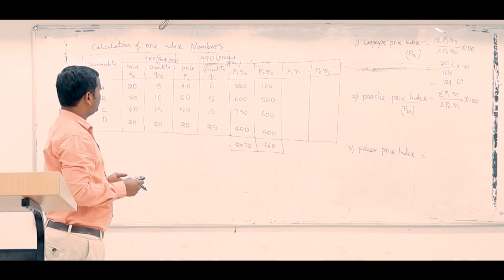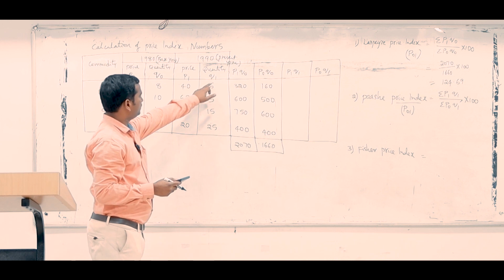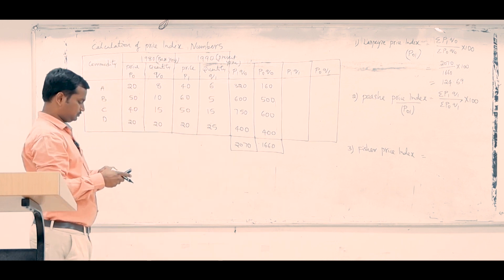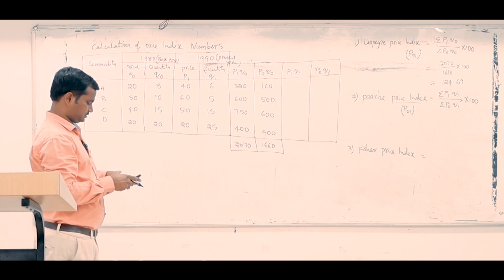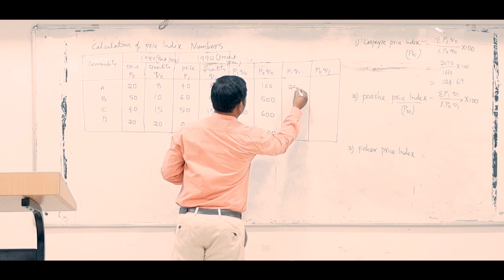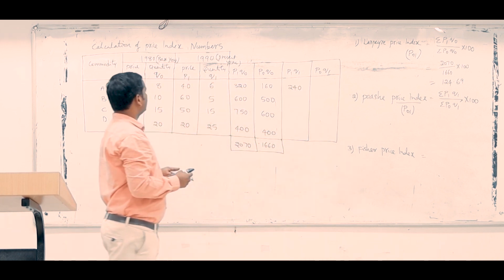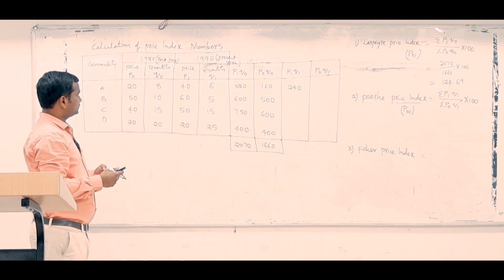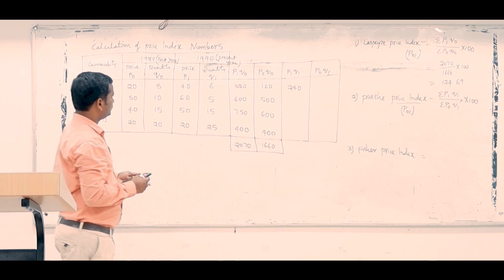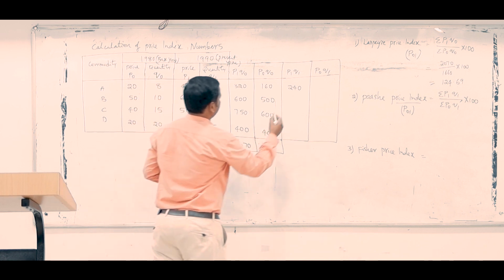So P1 Q1, P1 is here, Q1 column is here. Those two things we should multiply. 40 into 6, 240. So next will be 60 into 5, 300.